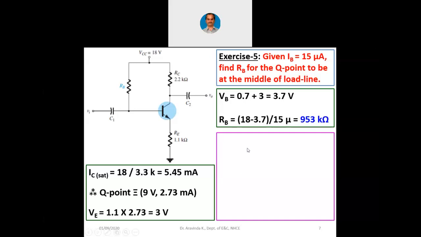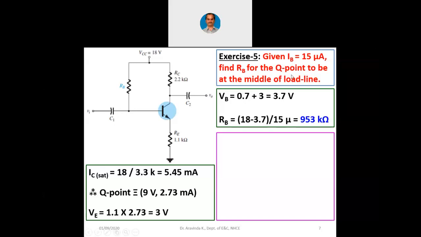This is one method. It's a straightforward method. Find out IC sat, find out Q point, find out VE, find out VB, find out RB. The same problem can be solved through another method. That another method is by finding out the beta itself. Now when you know IC, when you know IB, you can find out beta.